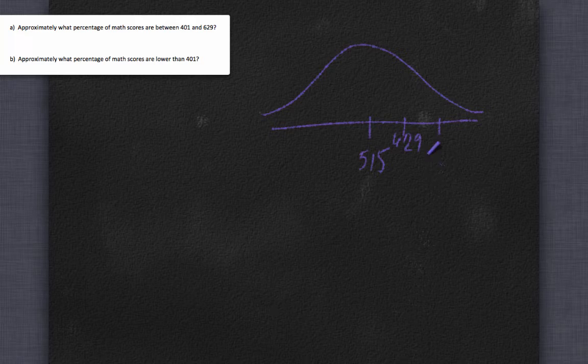Add 114. Add 114. And of course, we can't go above 800 because of the SAT score, but we'll pretend. Okay, subtract 114. Subtract 114. Subtract 114.